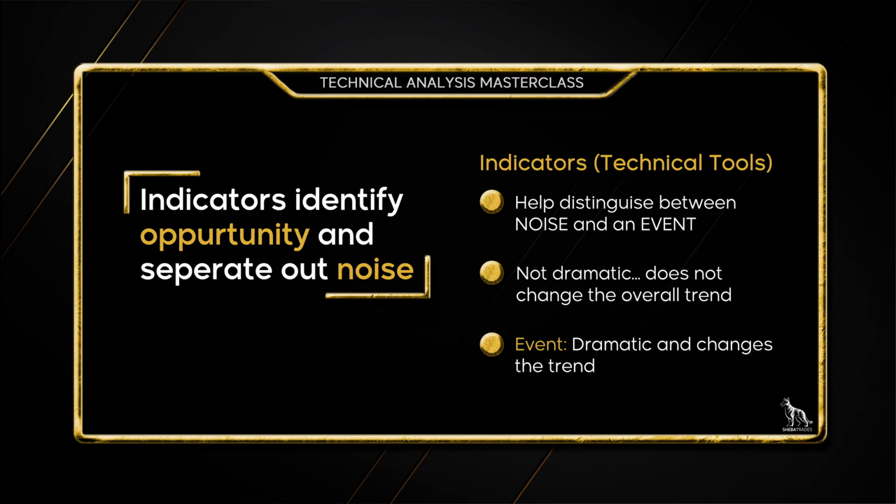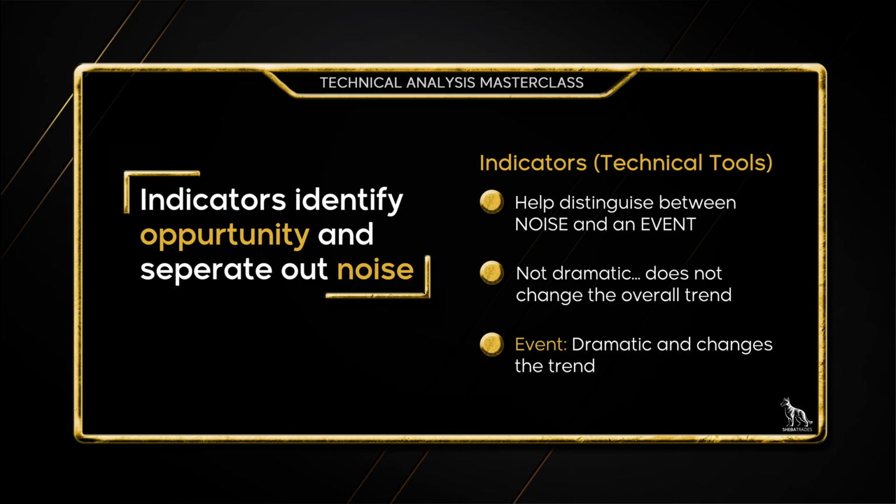So noise are things that are not dramatic and they don't have the ability to change the overall trend. It might cause a bit of a blip up and down a little bit, but it's not going to actually dramatically change the trend. Whereas an event definitely does have that dramatic impact and does change the trend or might strengthen the trend that's already current, whichever way it's going.